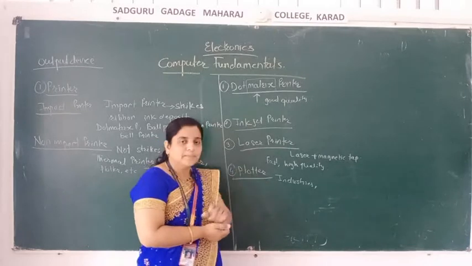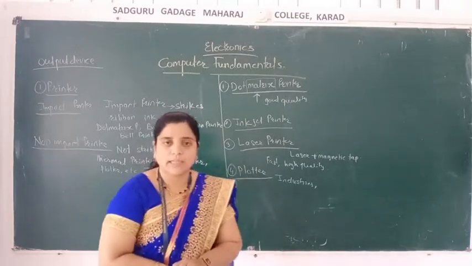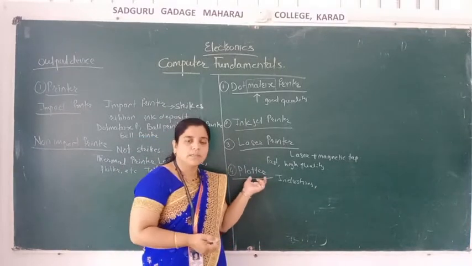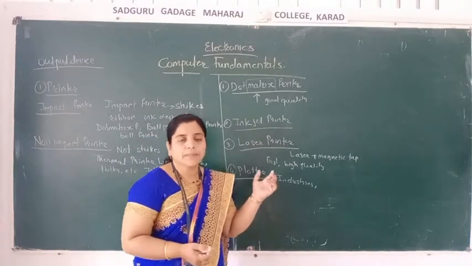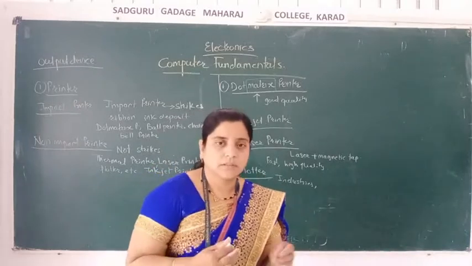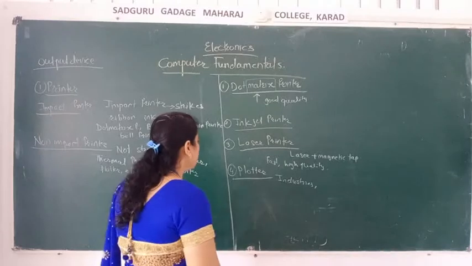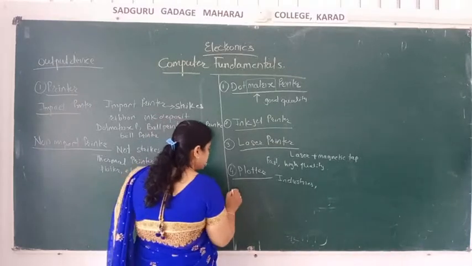A simple laser printer is not used at that time, a plotter is used, because a plotter is used to print a large number of papers at a time. So plotter is used in the industries.